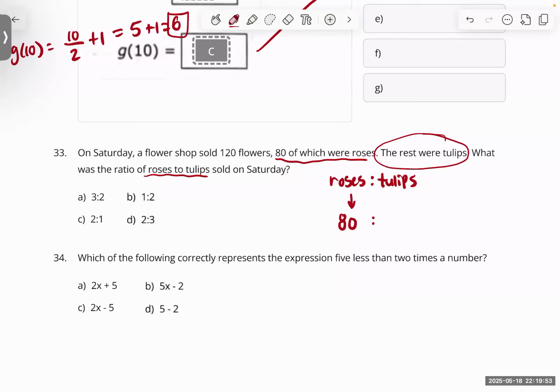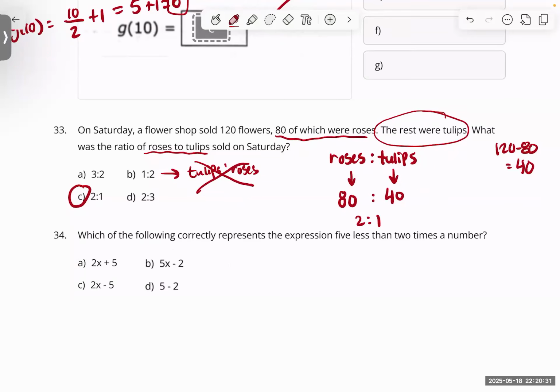I do 120 minus 80, which if you don't know how to do that, calculator, that's 40 tulips. So it's 80 to 40, which you can reduce in your calculator to 2 to 1. So it's C. The reason it's not 1 to 2 is because that is saying tulips to roses, but we don't want that. We want roses to tulips. It's very specific. 1/2 and 2 over 1 are not the same thing. Okay. So that's not what we want.